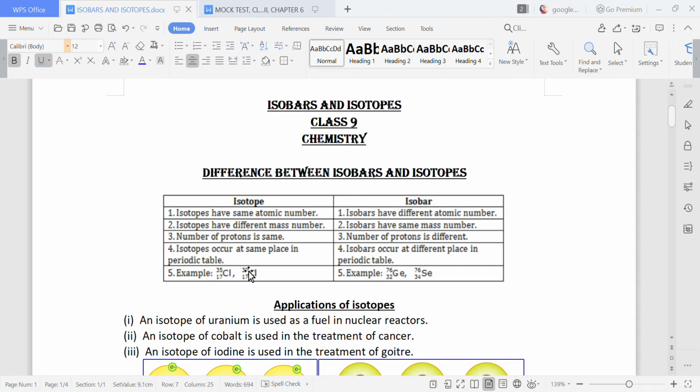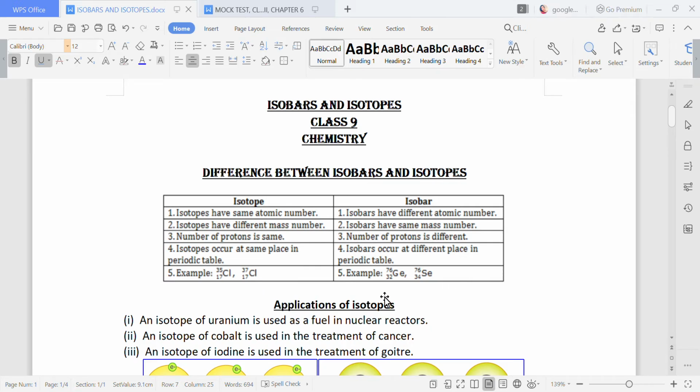Mass numbers are always written at the top, or at the superscript, and they are different. So as soon as you see that the numbers below are the same and the numbers above are different, you will come to know that these two elements are depicting an isotope, because their atomic numbers are the same but the mass numbers are different.